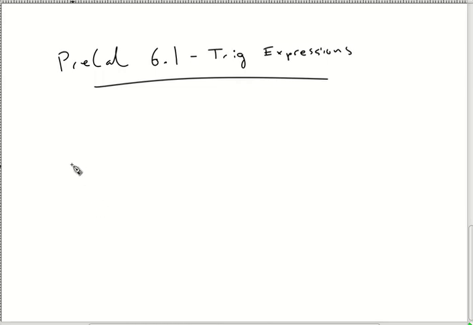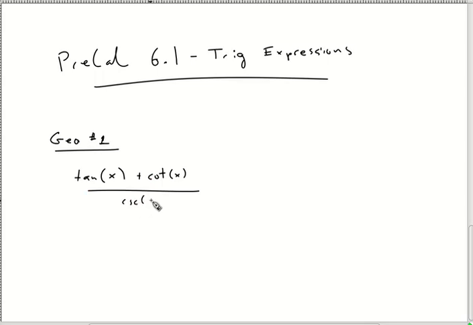The very first question that we have is a GeoGebra question. So I'll just put Geo number 1. Here we go. Tangent of x plus cotangent of x, all divided by cosecant of x is equal to something.